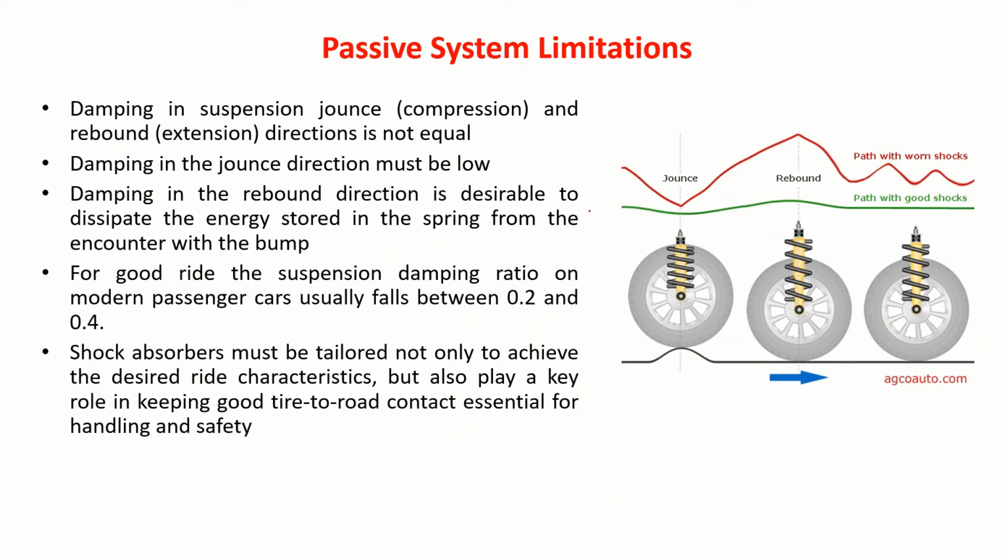So that's what exactly I said, like, during the jounce stroke, this should be around 0.2, and this rebound stroke, or bounce stroke, should be around 0.4. That's how the damping value will be.